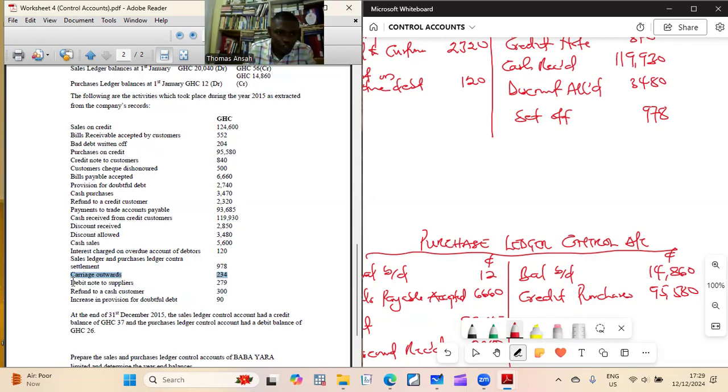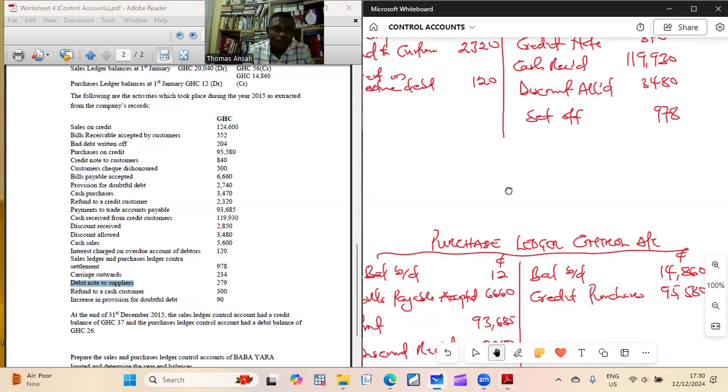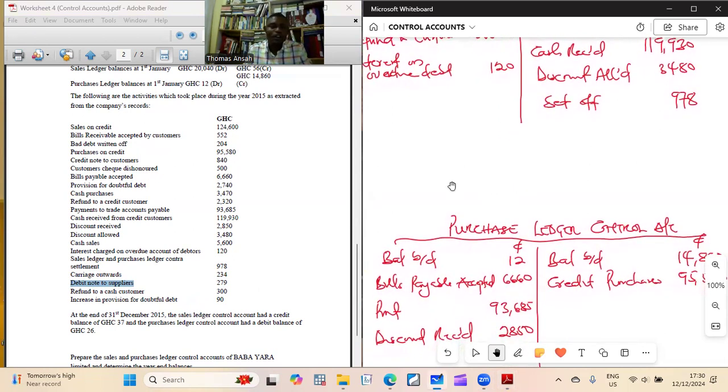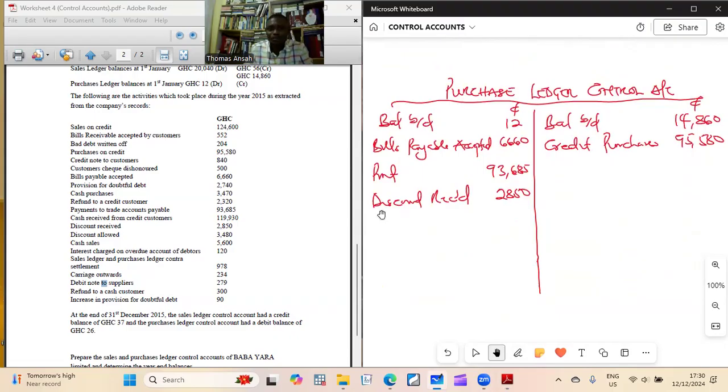Then we have a debit note to a supplier. Usually it should be a debit note from the supplier. Just as you had a credit note that you gave to the customer, the supplier too will give you a debit note, meaning that he's debiting your account. We can't give the supplier a debit note.